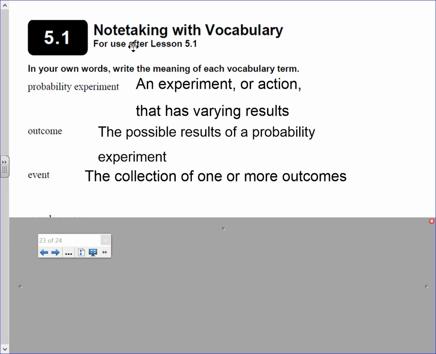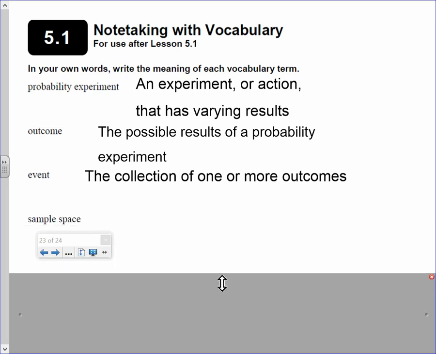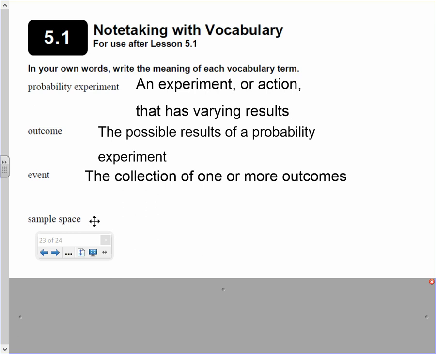Moving right along. Next one is called a sample space. Next word. Sample space.